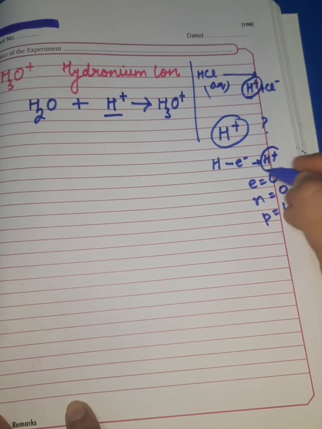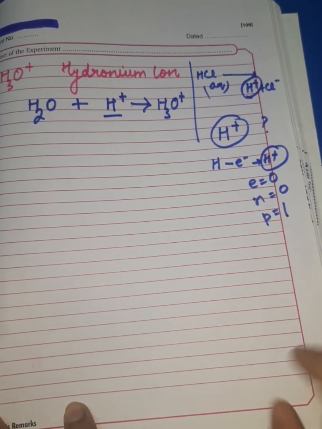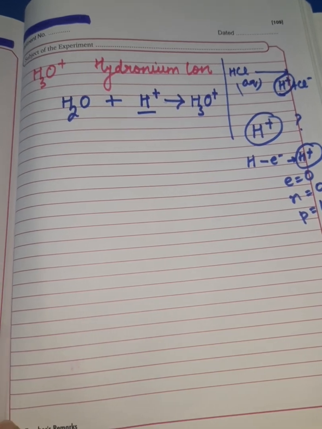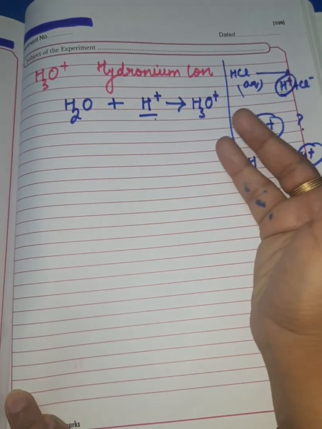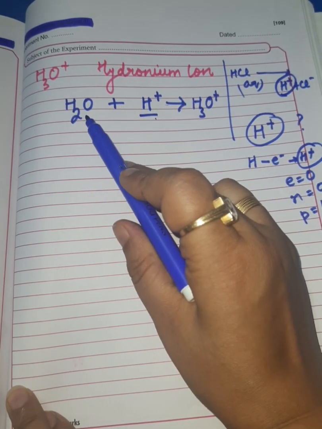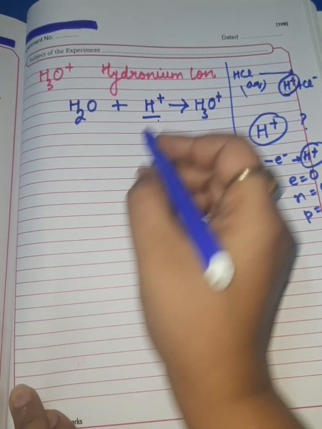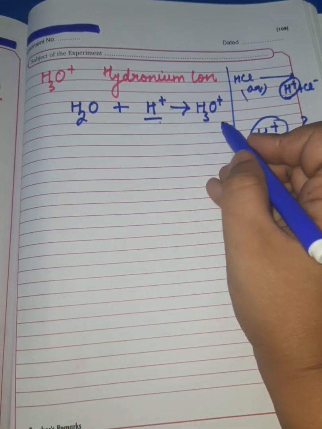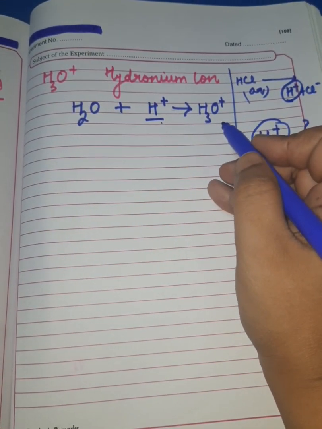So H plus is none other than a proton. Now a proton cannot exist independently. So H plus cannot exist independently. That's the reason when H plus comes in contact with water, it gets bonded with water and gives rise to the formation of hydronium ion.